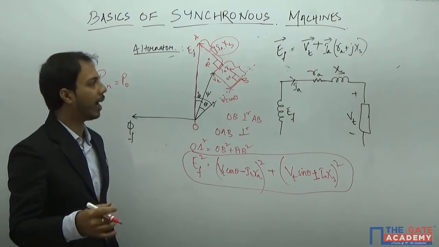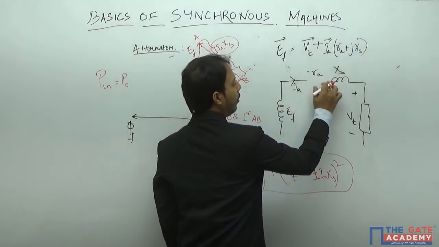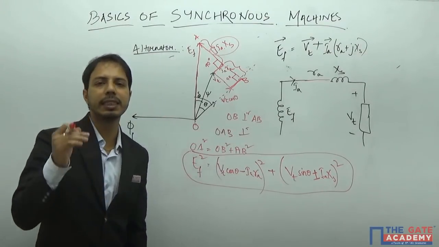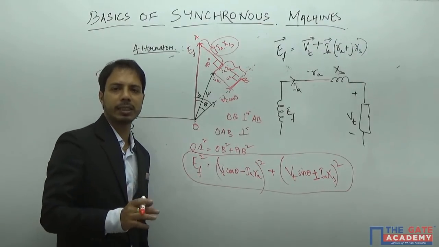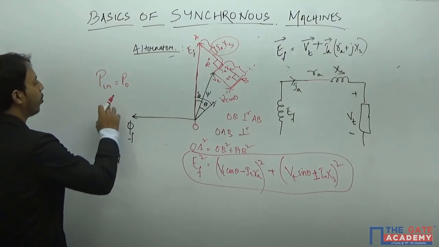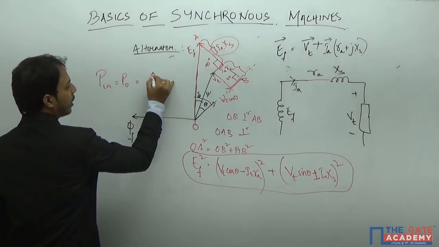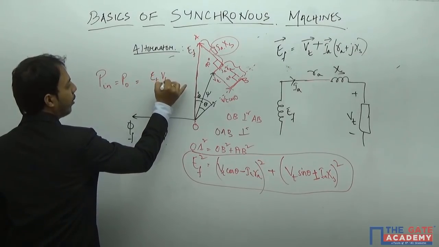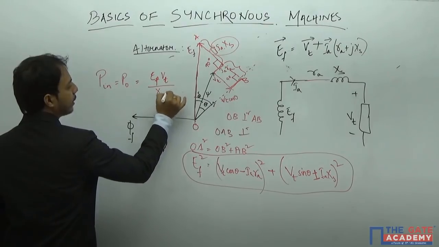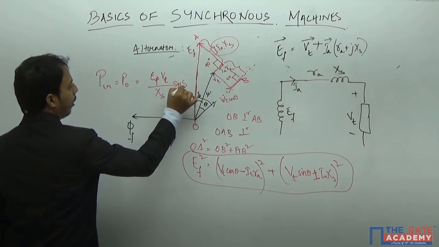Lossless means where the RA becomes 0. In all the GATE questions in synchronous machines, they will mention that it is a lossless case. And then my input power becomes equal to output power, and that is nothing but Et into Ef into Vt by Xs sine delta.